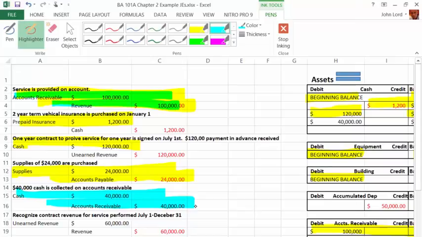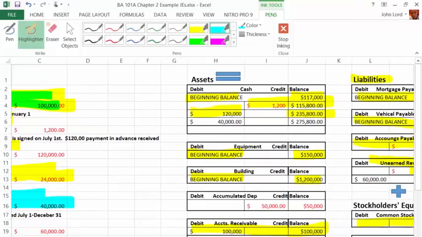I'll get you the balance in another 15 days, whatever," right? And we say, "Okay, not a problem. We trust you." So what happens? We come over and we are going to debit the cash for the 40,000 and we're going to credit what? Accounts receivable for 40,000 because we're now only expecting 60,000 more from him.